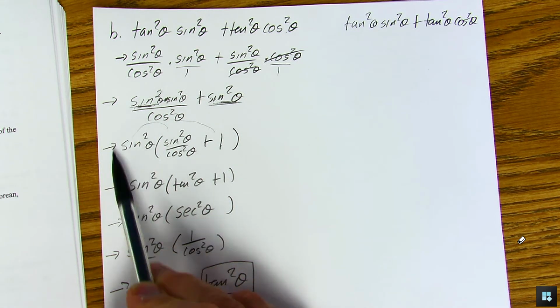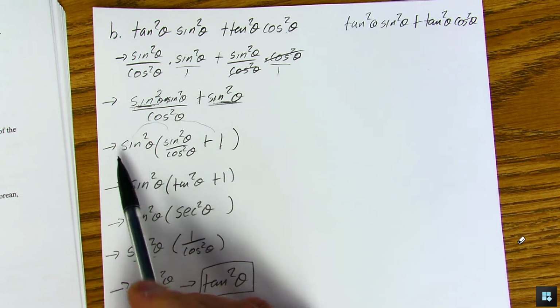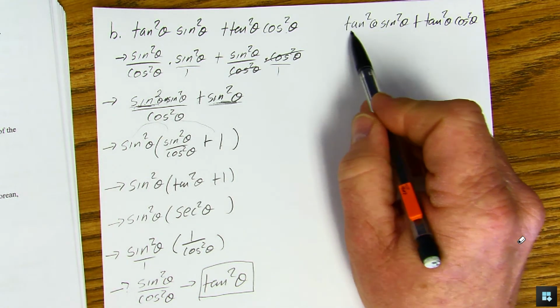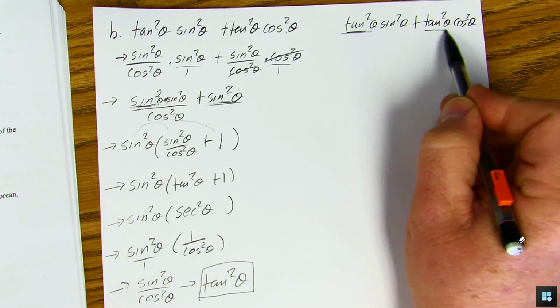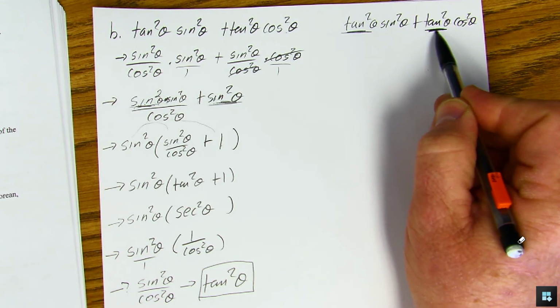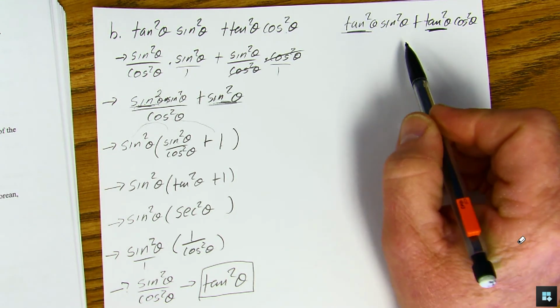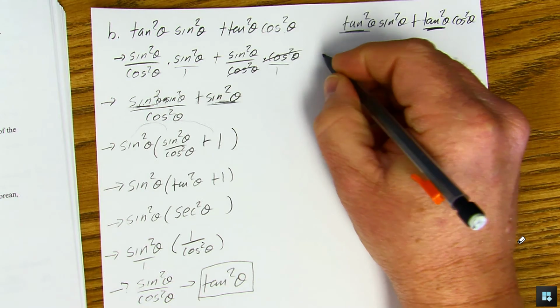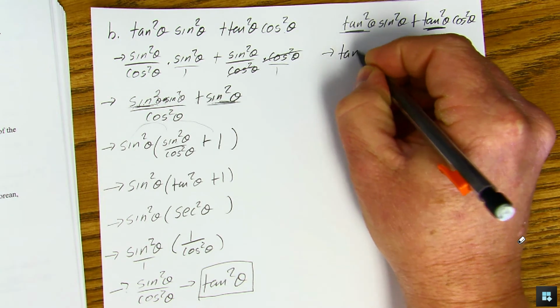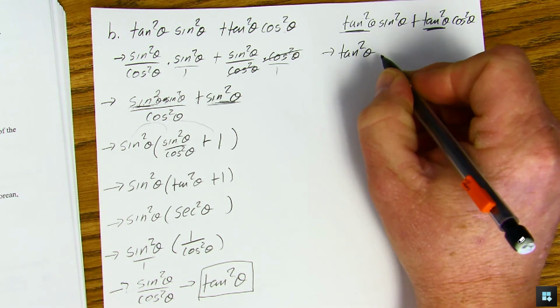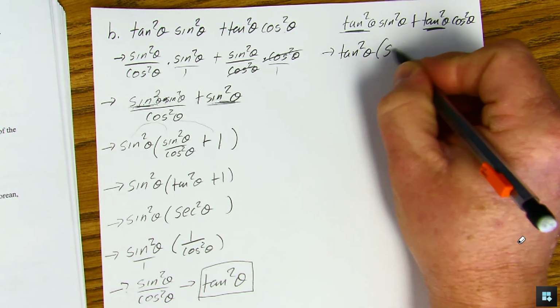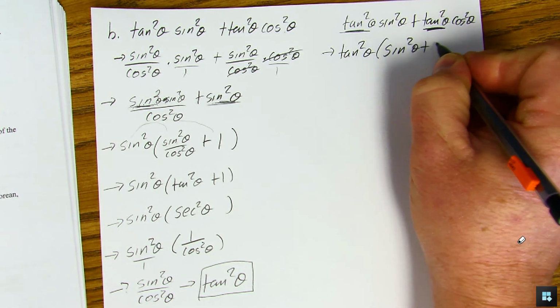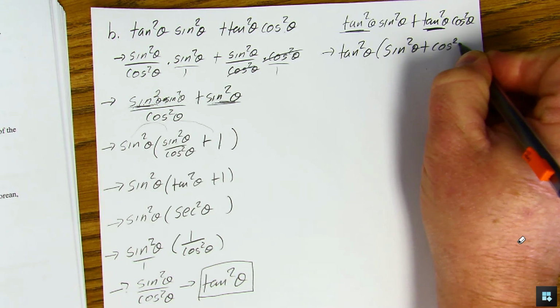We factored out that sine squared theta. Well, if I look right here, I notice that I have two things that are exactly the same, with an addition sign between them, so I could factor it out. Tangent squared theta times sine squared theta plus cosine squared theta.